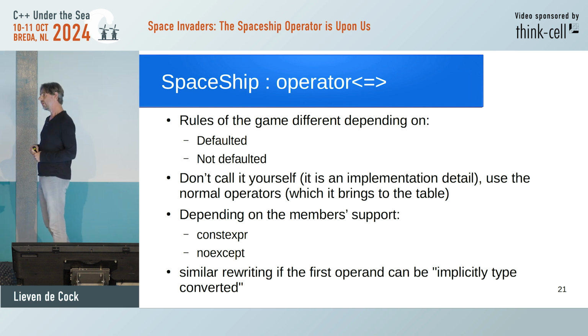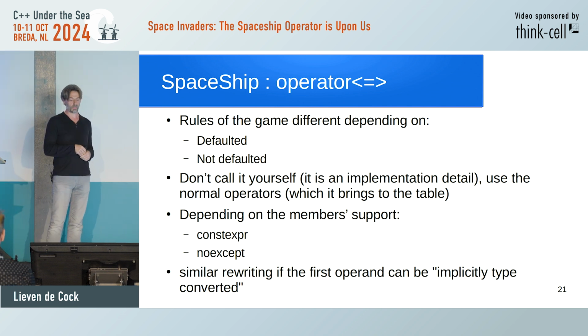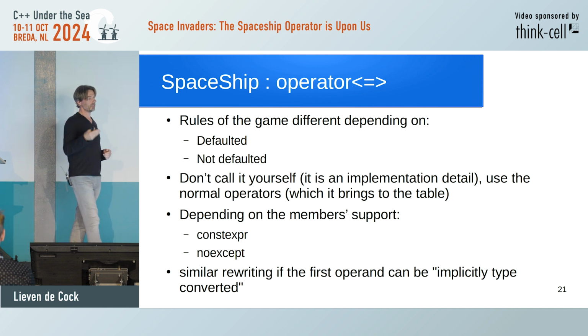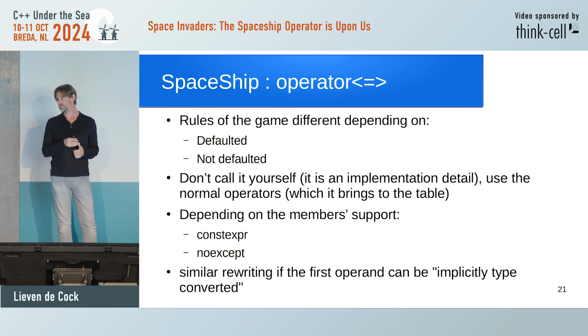And depending on the support that the members of your struct or class are bringing, the defaulted one can either be constexpr and noexcept. If your members allow that, automatically the thing that the compiler generates will be constexpr and noexcept.